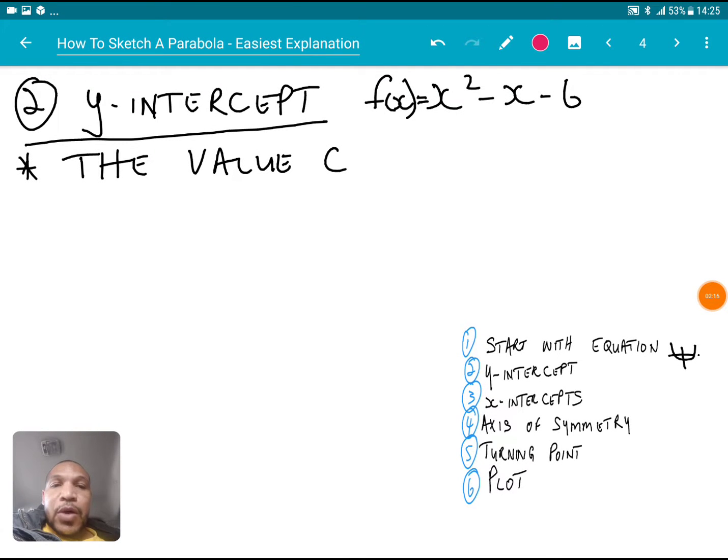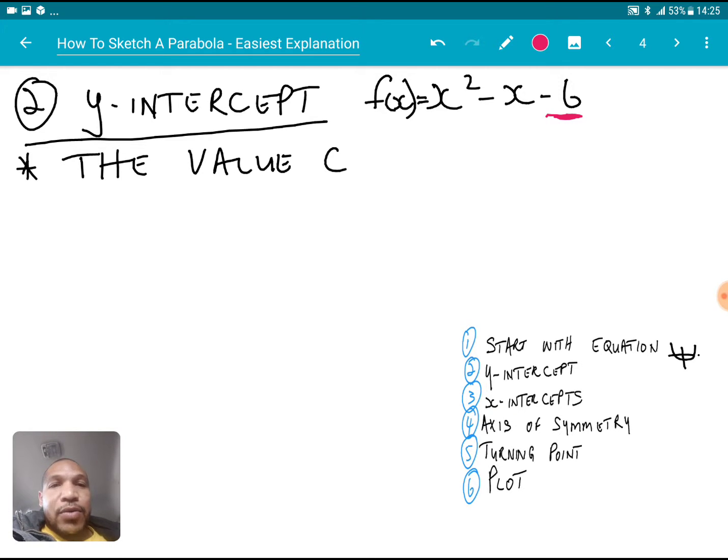Number 2, we need to get the y-intercept, and that would be the value of c in your equation. So every time, you go back to your equation, and the value of c is -6.